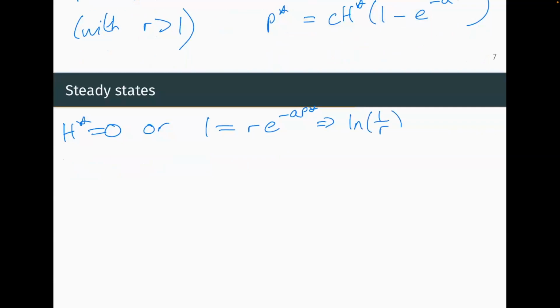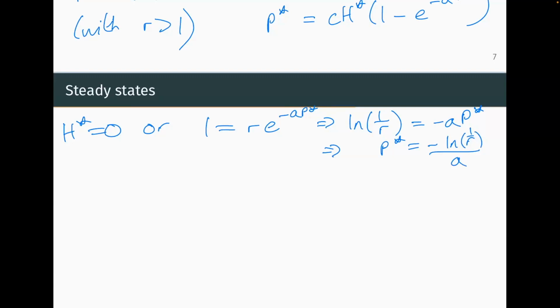So divide both sides by r and take the log. That's going to equal minus a p star, which we can rearrange by dividing by minus a as being p star is equal to minus log of 1 over r, sorry, getting ahead of myself here, divided by a.